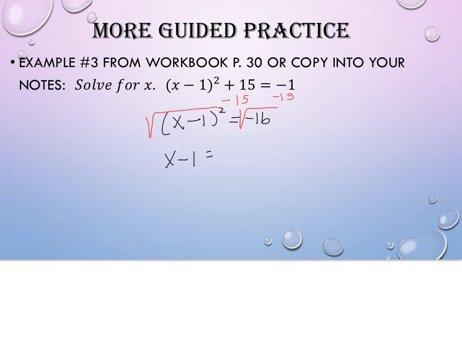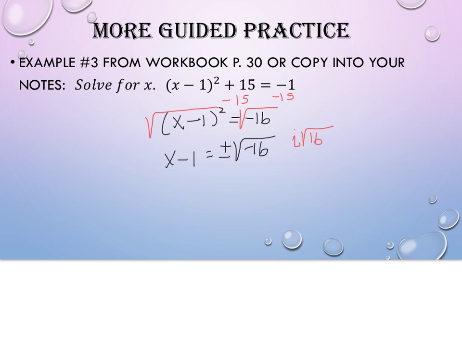On this side, I have a negative 16 underneath the radical. So first of all, I'm going to have a plus or minus the square root of negative 16, but I have to take care of the negative 16. And if you remember from earlier, the square root of negative 16 is i times the square root of positive 16.